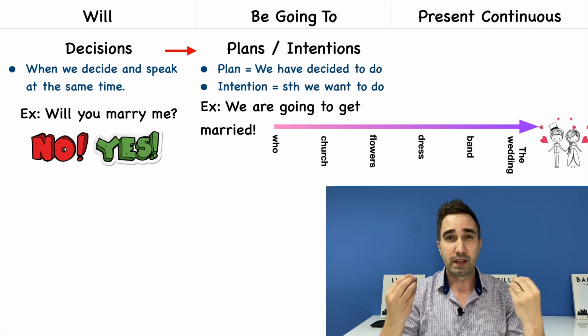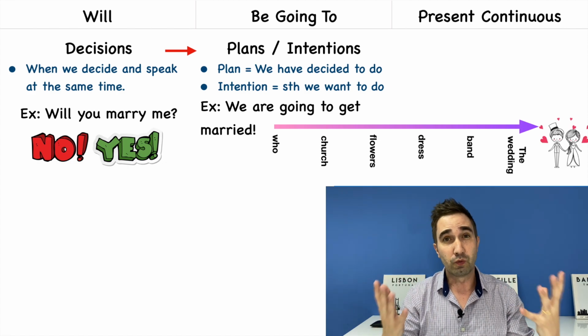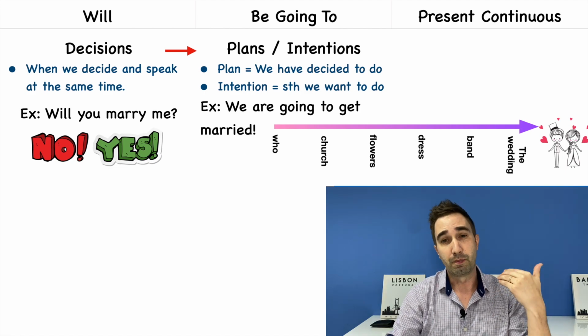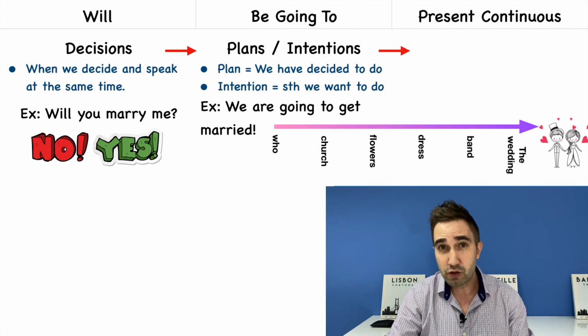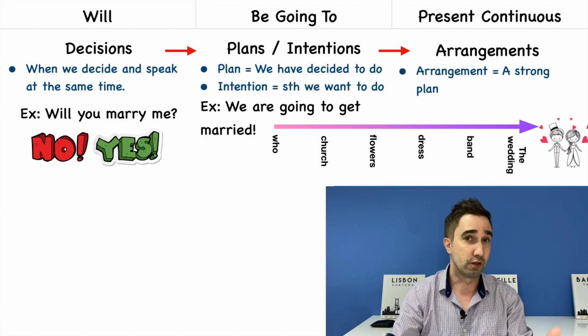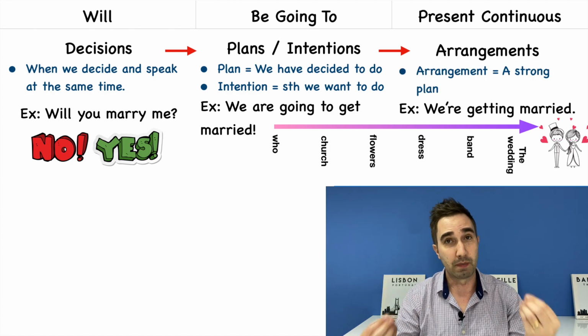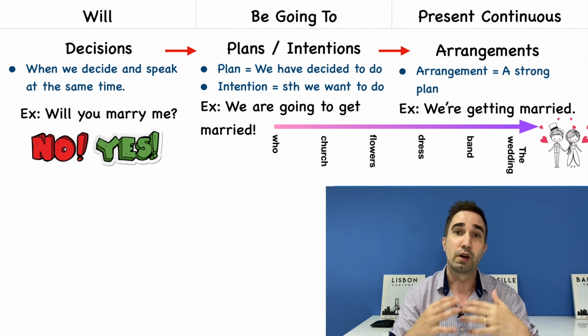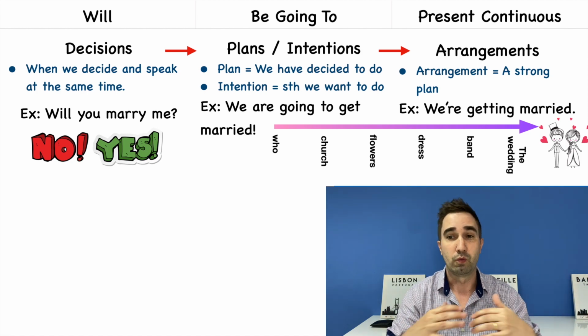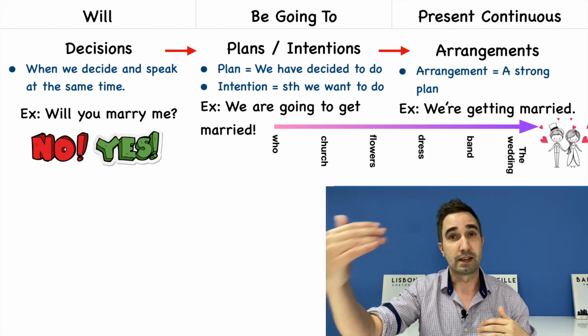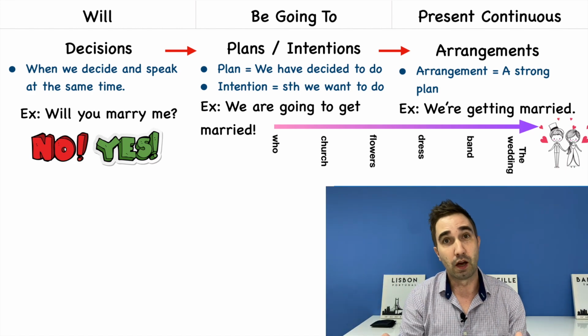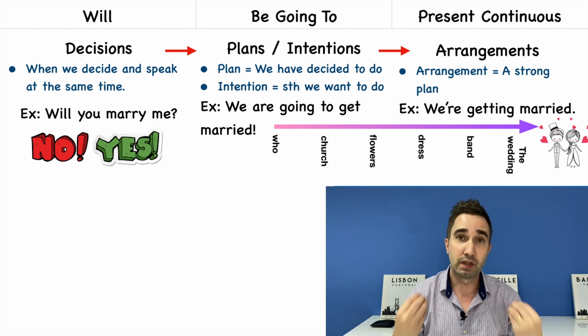And what that means is this is a really, really strong plan. So a plan becomes an arrangement. An arrangement, like I just said, is just a strong plan. I can say we are getting married next week. We are getting married tomorrow. We are getting married next month. Everything has been arranged. Everything has been planned.